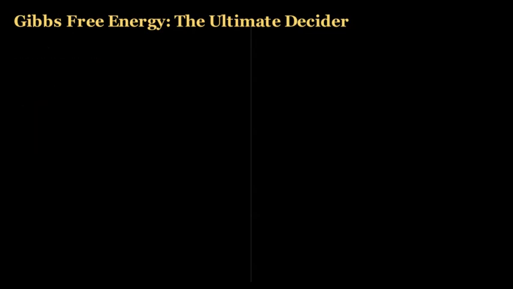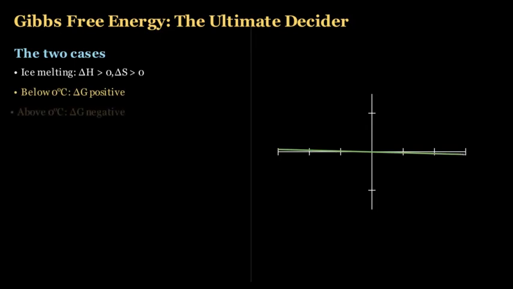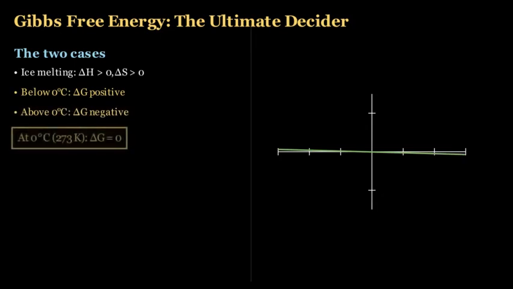Let's walk through the melting of ice as a concrete example. Melting takes in heat, so delta H is positive, about 6 kilojoules per mole. But liquid water is more disordered than ice, so delta S is also positive. Below 0 Celsius, the temperature is low, so T delta S is small.